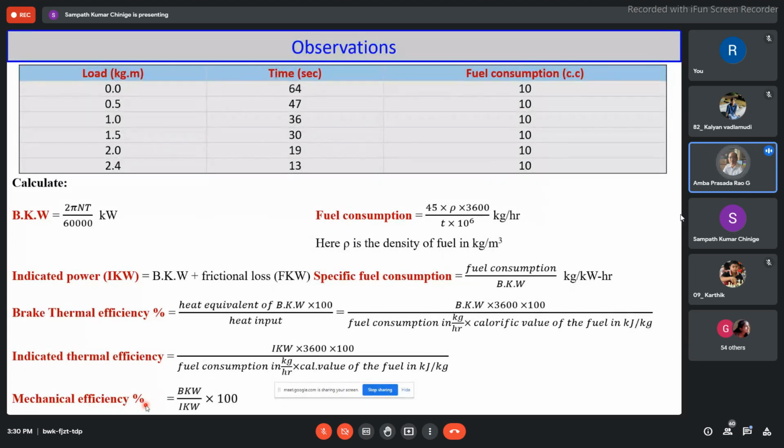Take your own scale and draw the graph. Draw the fuel consumption versus brake power on one graph sheet, and the remaining graphs on another graph sheet, because here you have to take the negative intercept value, so otherwise it will be too clumsy. That's what I wanted to tell you.